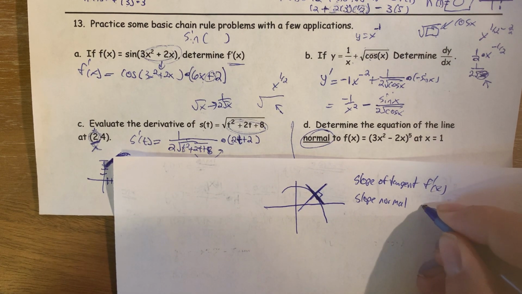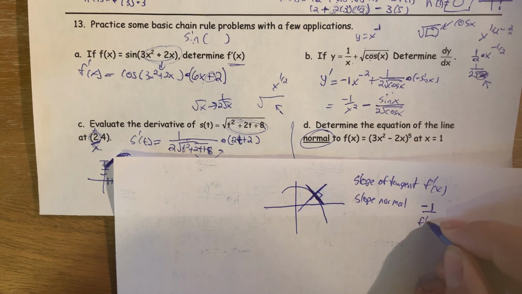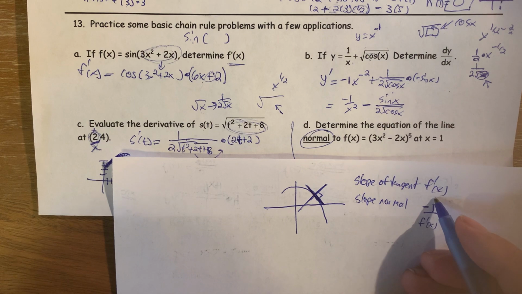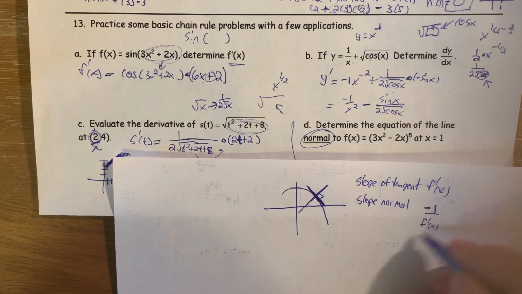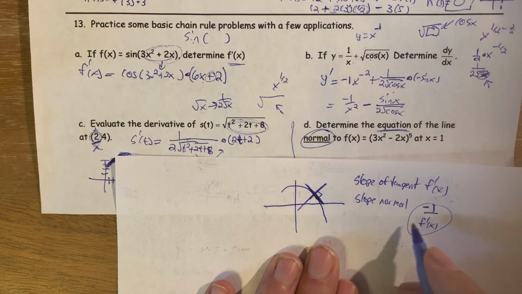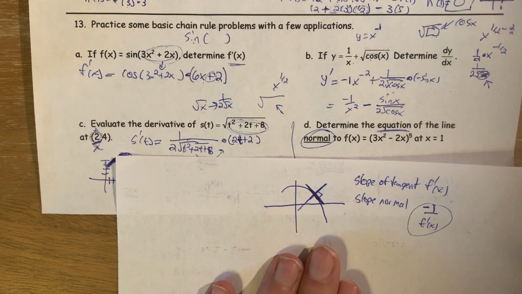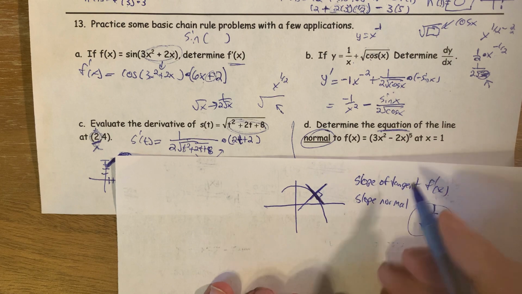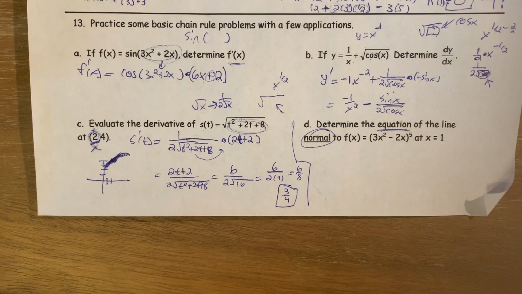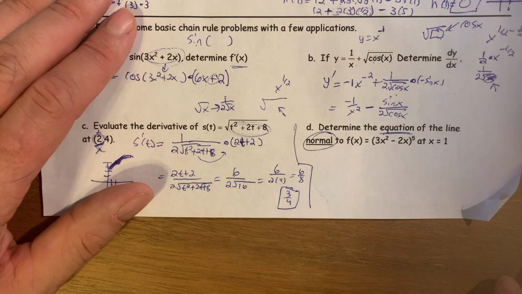It'll be the negative reciprocal of whatever the slope of the tangent line was. So we'll find the slope of the tangent line by finding the derivative, and then we'll do the negative reciprocal, and that will be the slope. And to find the equation, we need the slope, and we need a point, and this will give us the slope. We find the slope of the tangent line, and then we use our geometry to know that normal lines are perpendicular. So with that in mind, find the equation of the normal line.